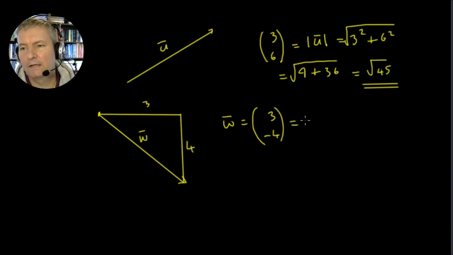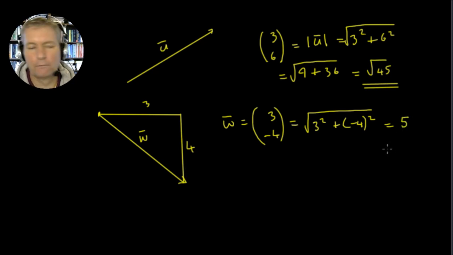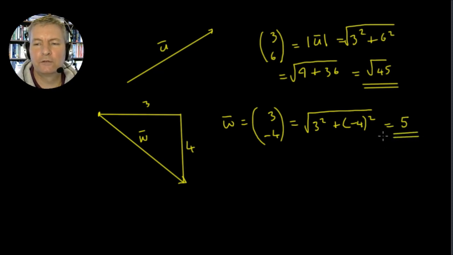And the magnitude of this is going to be equal to 3 squared plus minus 4 squared, and we take the square root, and that's going to give us a value of 25. We take the square root of it, which gives us a value of 5. So the magnitude of that vector is 5. So it's quite straightforward finding the magnitude of vectors.